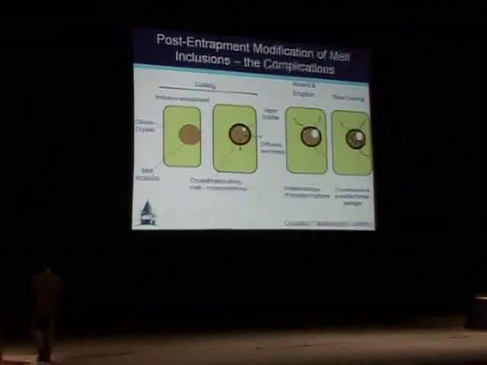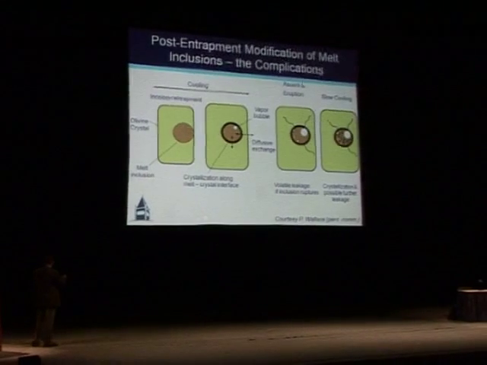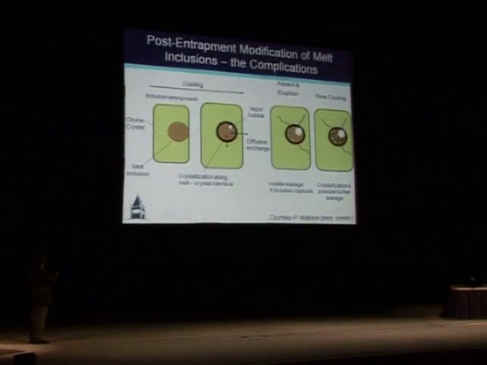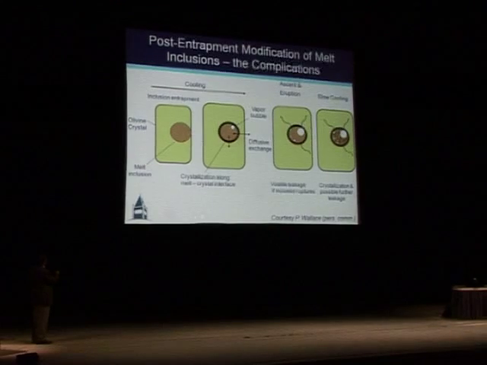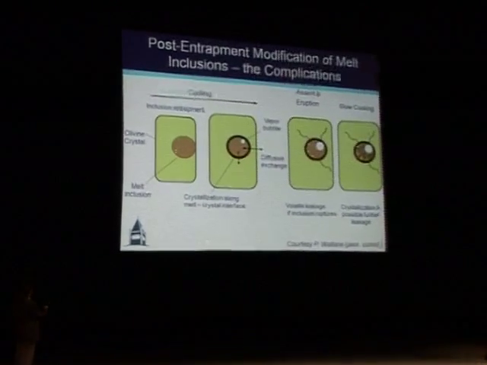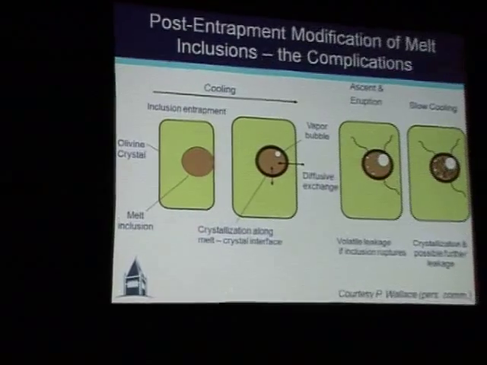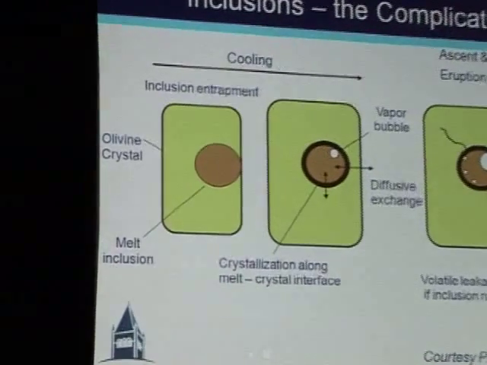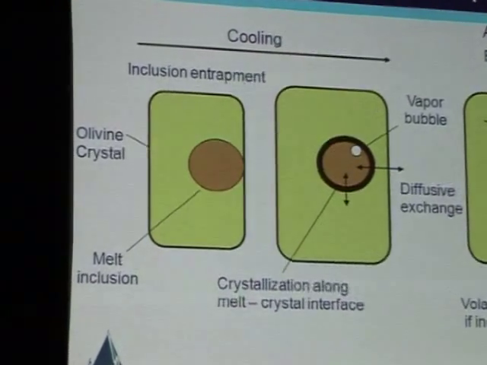And on this cartoon, we can see a crystal, perhaps an olivine crystal, that has trapped a melt inclusion that looks something like this. And in this first image, this would be the ideal situation.